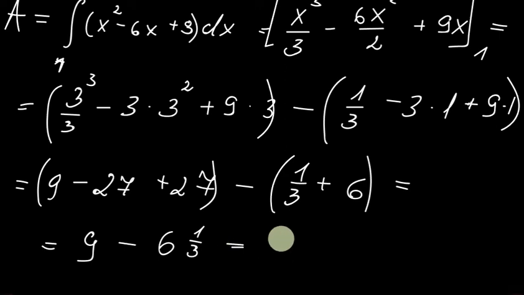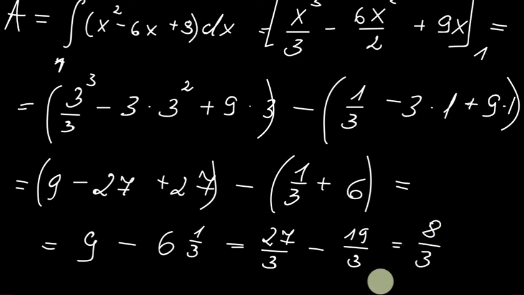Let me write it like 19 over 3, because 6 times 3 is 18, 18 plus 1 is 19 over 3. So this leaves us with 8/3. This is our answer.